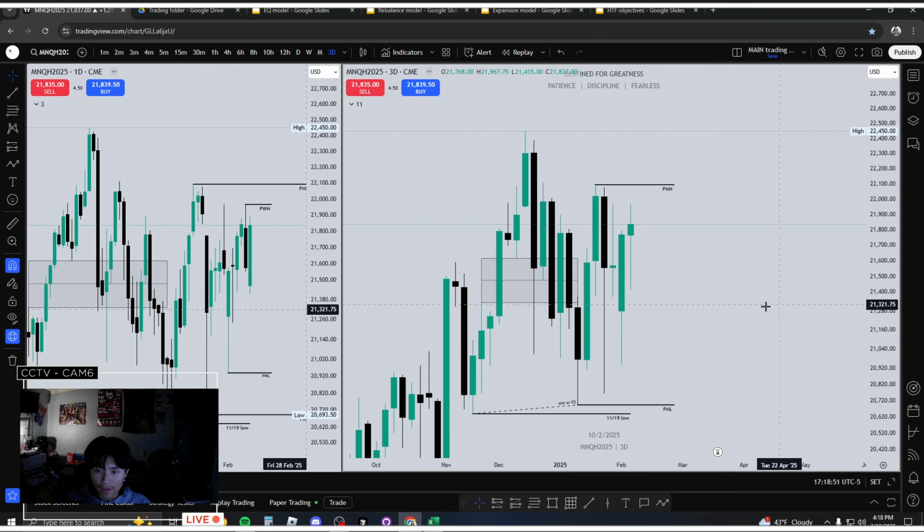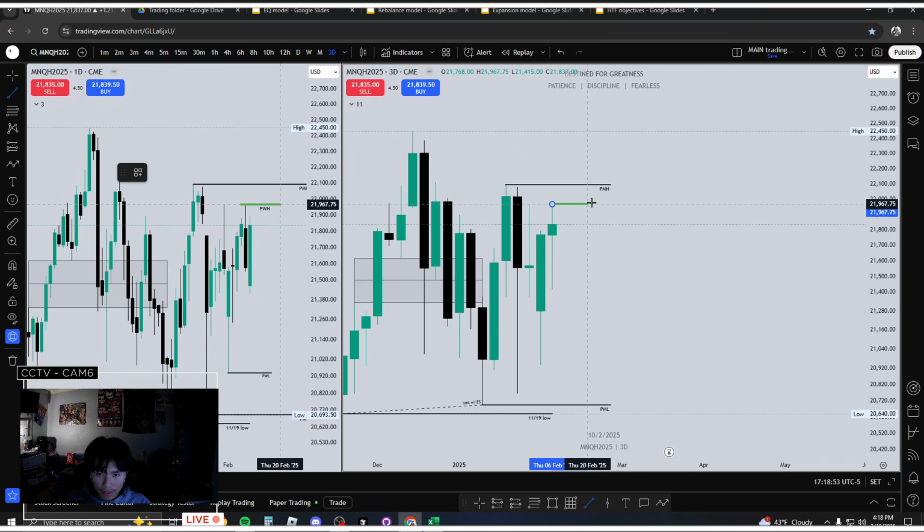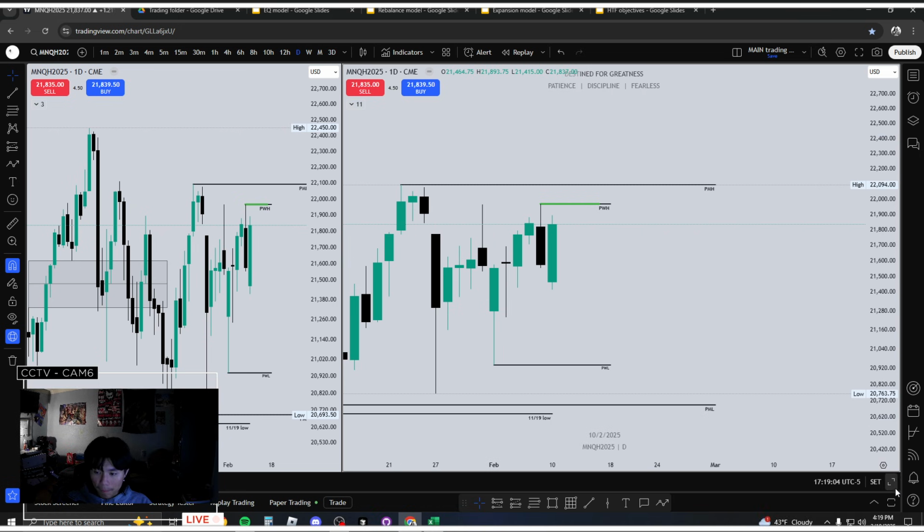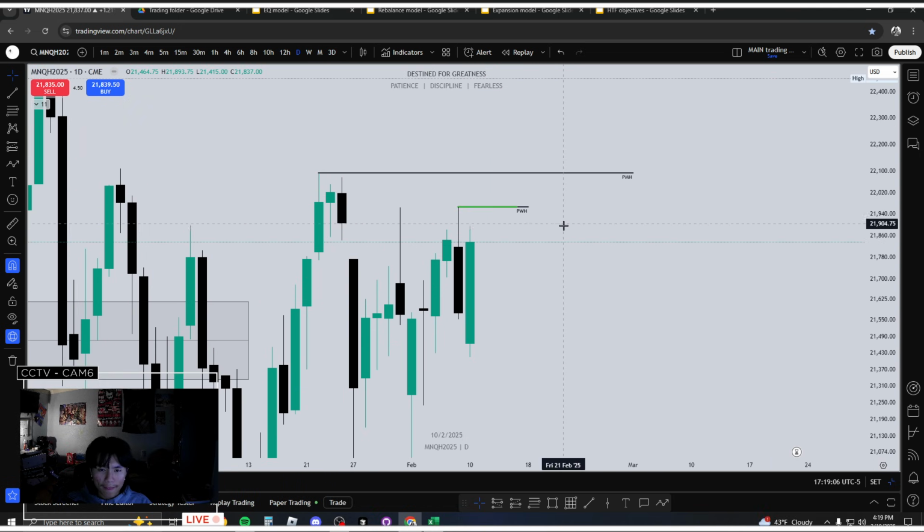So now that I have an idea, I'm going to make this a green line just so I can show you guys that that's my higher time frame objective. Going into the daily time frame, I notice the daily candle here is suggesting higher prices as well, right?